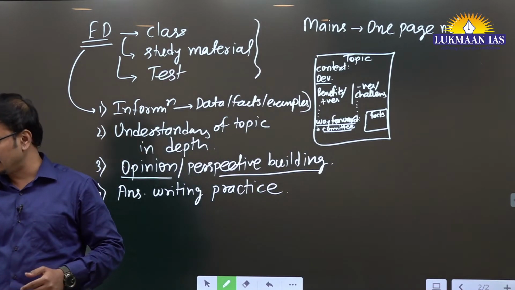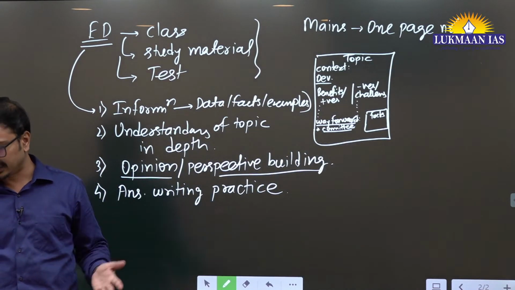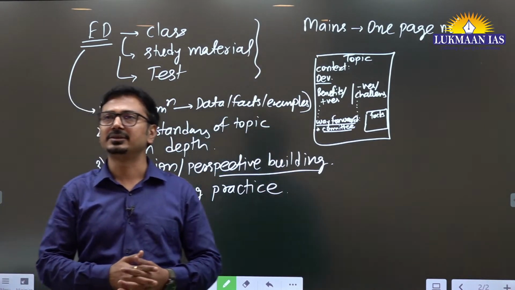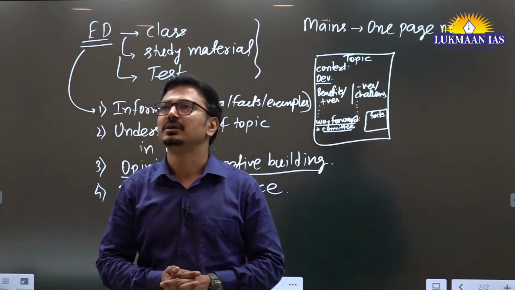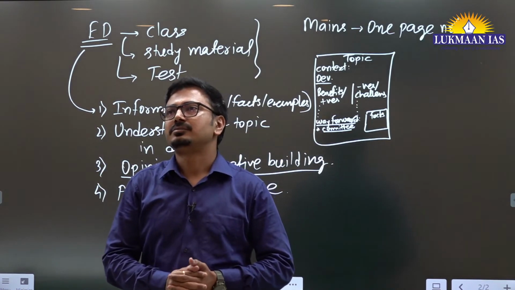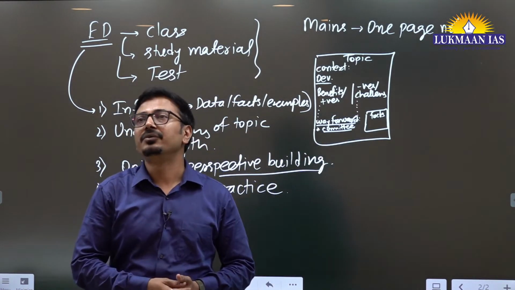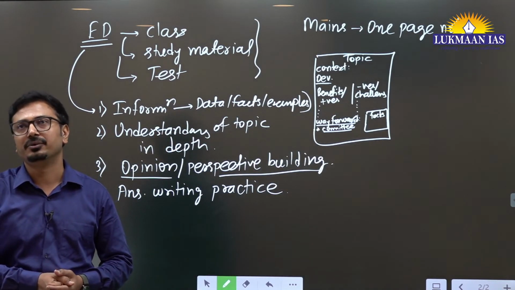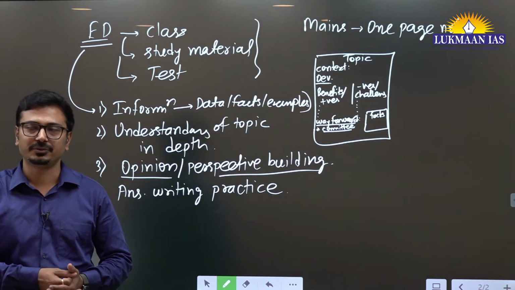What has been your strategy so far? How are you preparing for mains? You can tell me, you can share with me. Online students, you can ask questions. We will upload this PDF today on this YouTube video in the description. Okay, Shiva?